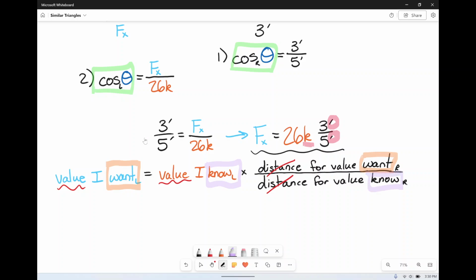So just like units, my knows in purple are going to cancel each other out, and I'm going to be left with, as you can see here, the value I want. So if you treat the words like units, you can see that I'm canceling the knows, I'm canceling the distances, and all I'm left with is values I want. That's how I did this.